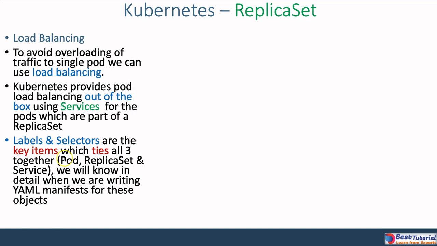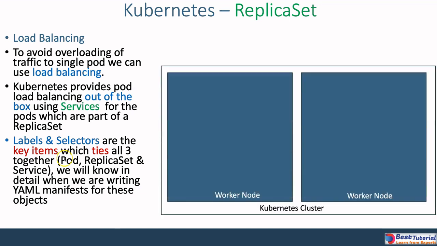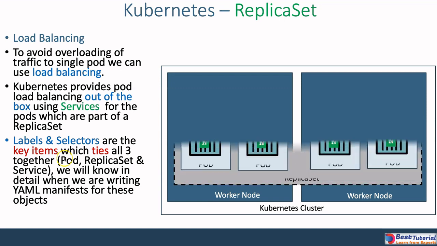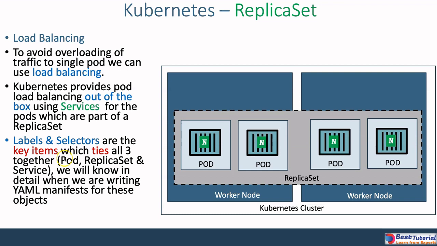So we will know in detail about these labels and selectors when we are writing the YAML manifest in our upcoming lectures. So if you consider a Kubernetes cluster with 2 worker nodes, the replica set is spanned across 2 worker nodes, and we have 2 pods in one worker node and 2 pods in another worker node.